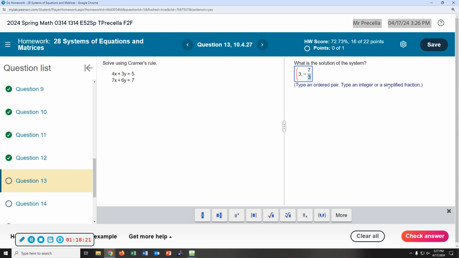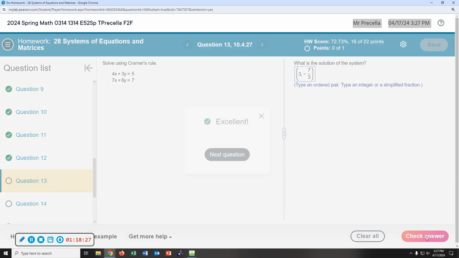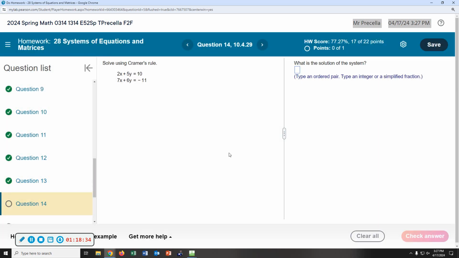I'll hit the right arrow to get out of that denominator, and then I'll put my parentheses. Well, let's do another one. So we now have a third method of solving linear systems, in addition to elimination and substitution. Number 14.